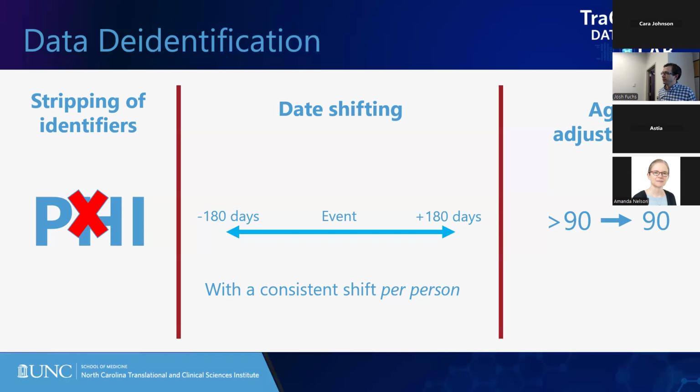So the biggest pieces are things like MRNs are salted and hashed. Ages are categorized, right? You have a date of birth until you get to 90 plus, and then you're bucketed to 90. Those things are pretty standard. The actual service delivery dates are shifted.